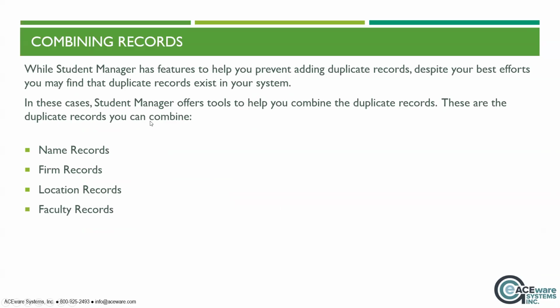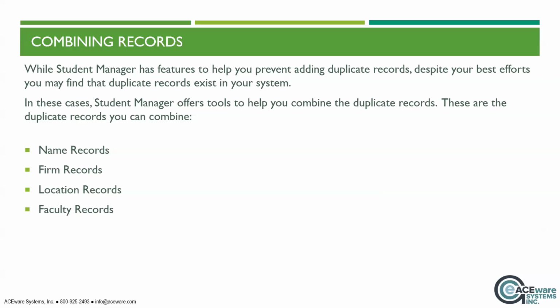All right, so first, combining records. We have a feature that will help you combine duplicate records. We know that no matter what you do, you're going to get some duplicates.